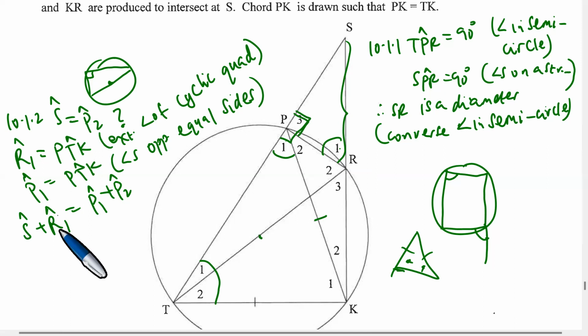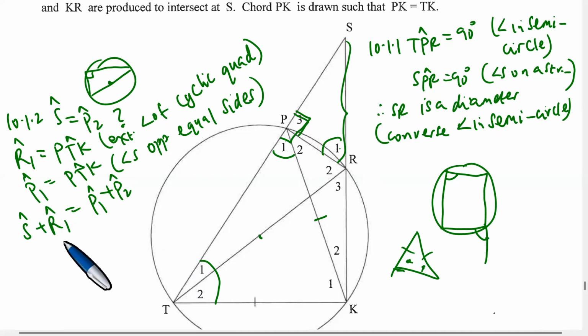So in the place of R1, you put P1. S is P2. So we just have combined these equations. We're adding S together with R1. S with R1 is like P2 plus PTK, but PTK is P1. Make that observation.